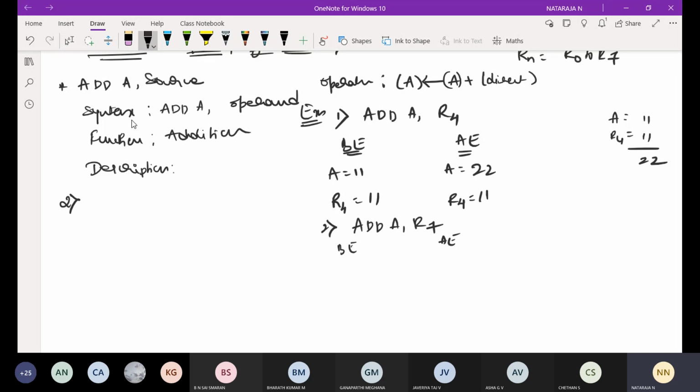Then the second instruction, ADD A, direct. Operation: A is stored with the addition of accumulator and the direct data.